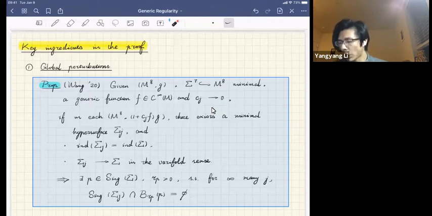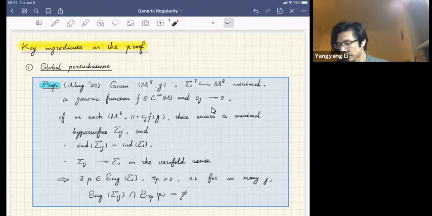If a priori we assume that in each Riemannian manifold with the following metric, which is just some conformal change of the original metric, we can find a minimal hypersurface sigma_j, and the index of sigma_j is exactly the same as the Morse index of sigma. Moreover, sigma_j converges to sigma in the varifold sense.